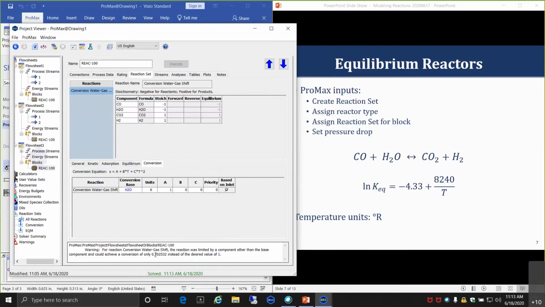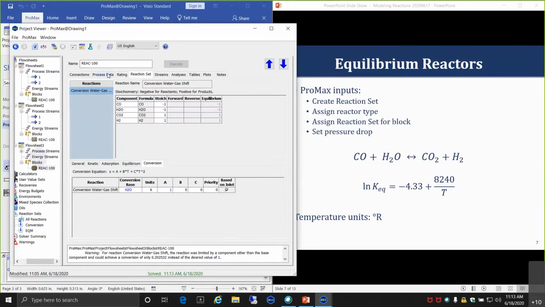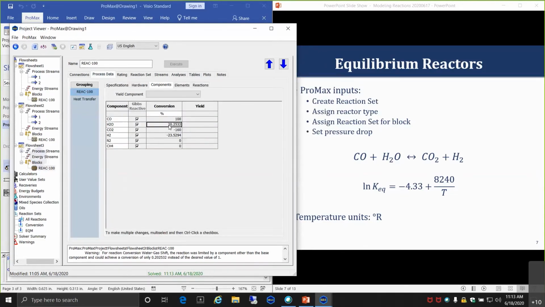It can only achieve a conversion of 0.20 or 20%. The reason for that is that once it has converted 20% of the water, it has consumed all of the other reactant. And so you can't reach 100% conversion of water because there's not enough CO in this particular case to react all the water.